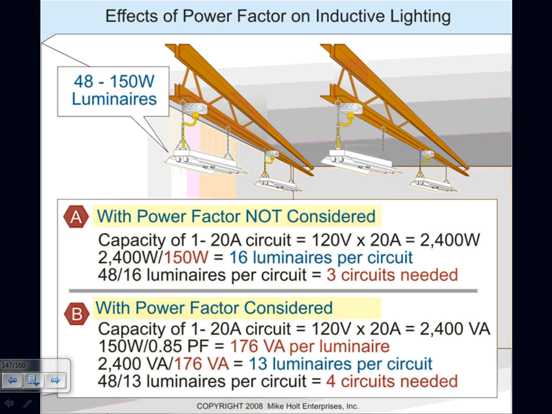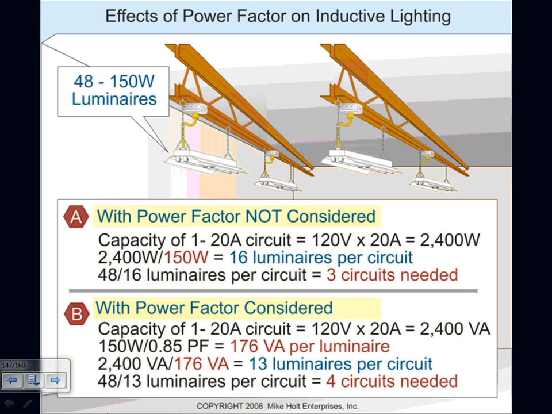They're not actually using a power factor here. Oh, they're using it here. With a power factor considered, it should be a different story. Now, this is the right calculation because you take 20 amps times 120, right? Gives you 2400. That's the capacity of this circuit. Divided by 150 watts, which is volt-amp, because an incandescent lamp is the same thing. Gives you 16 luminaires per circuit.